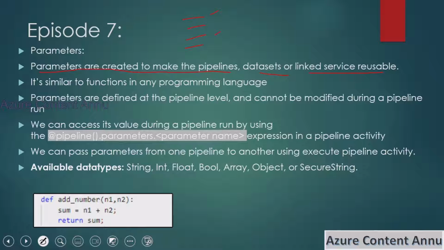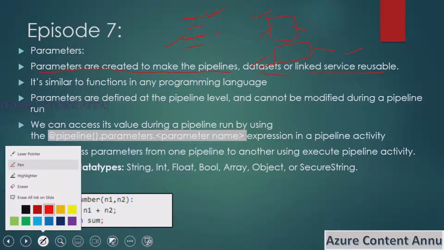Then if we don't know the concept of parameters, we will create a copy data activity, and in the input dataset we will point to this particular file, and in the output dataset we will point to a particular table, and we will run this pipeline to copy the data for this file. Similarly, if we need to copy the third file, then we will create another copy activity. We will point the input dataset to the third file, and we will point the output dataset to the destination table, and similarly we will copy the data, right?